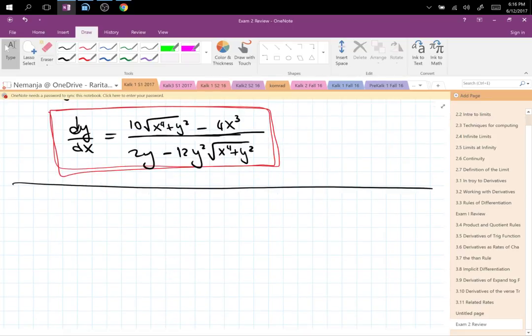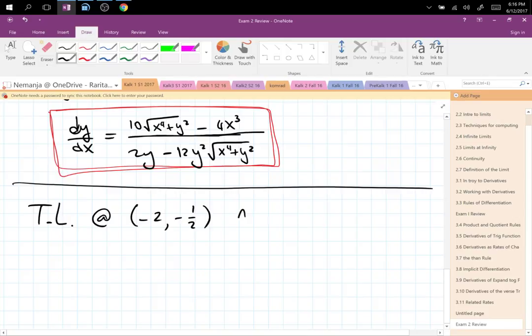The next problem is the tangent line problem. So tangent line at -2, -1/2 for y equals x cubed over x squared minus 6 to the 4th. Now, obviously, I'm going to take this derivative using logarithmic differentiation rather than going through all of the stuff, right?